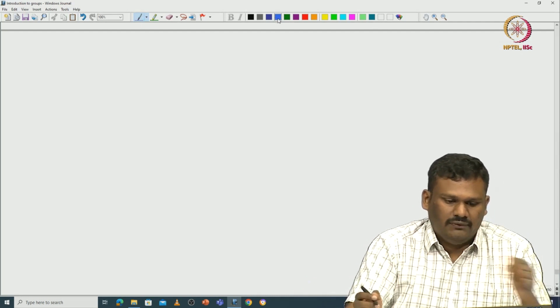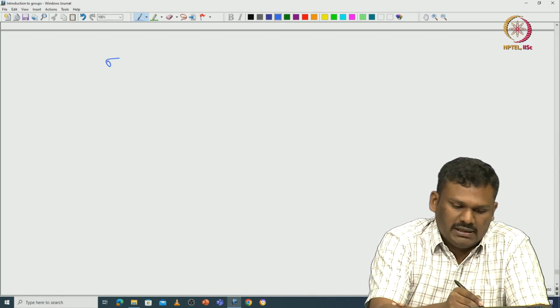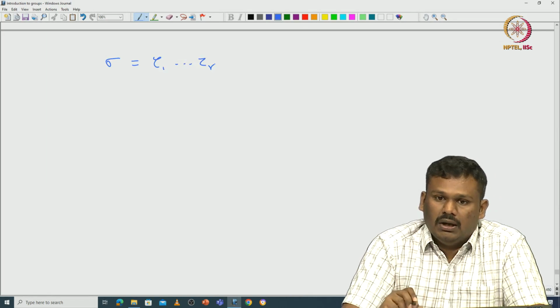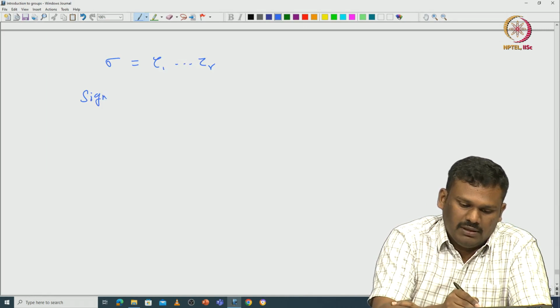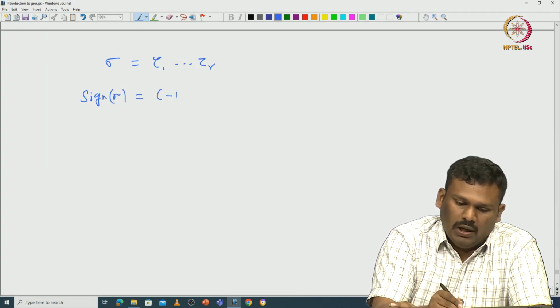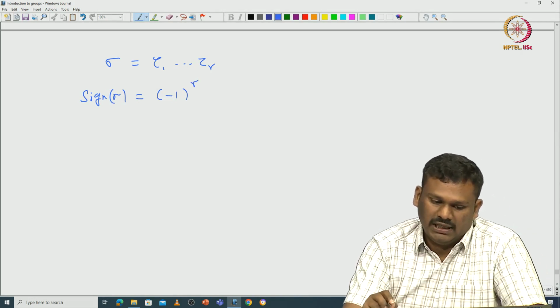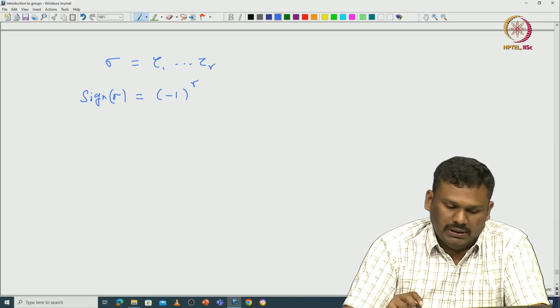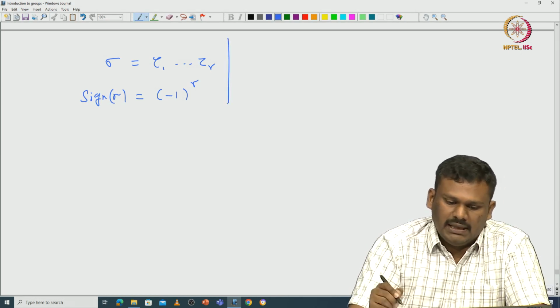But anyway, what is the advantage of writing it as a product of transpositions? If you write sigma as a product of, let us say, transpositions tau 1 through tau r, then you can see that the sign of sigma is going to be exactly (-1)^r, where r is the number of transpositions used in this product. Okay. Why is this the case?